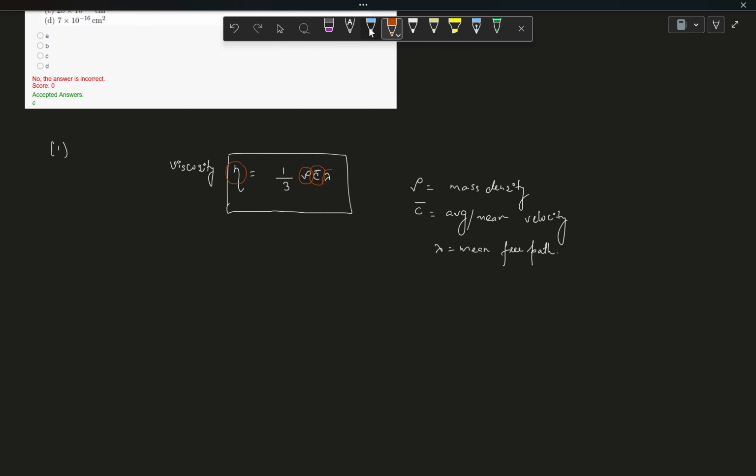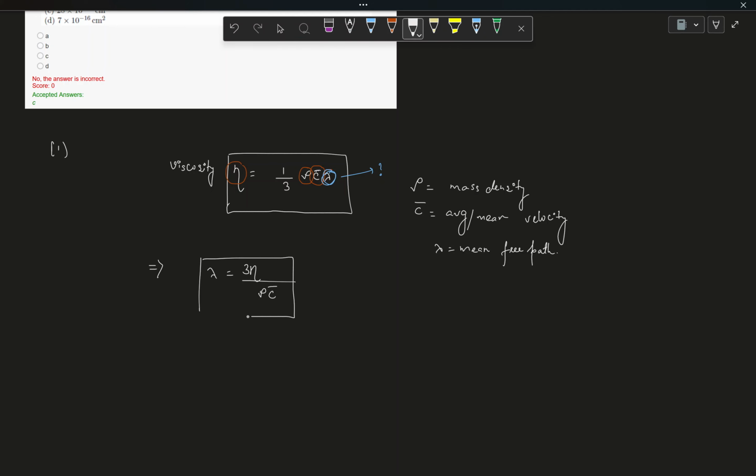So from this equation everything is known except for this term lambda, which is your mean free path, and this we have to calculate. So this is a very straightforward problem, as you can see. So we'll do exactly that. So lambda is equal to just 3 times eta divided by rho c bar.